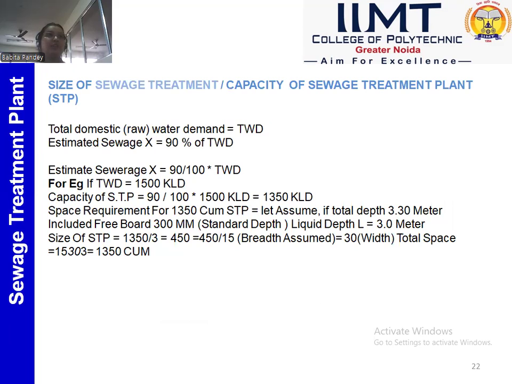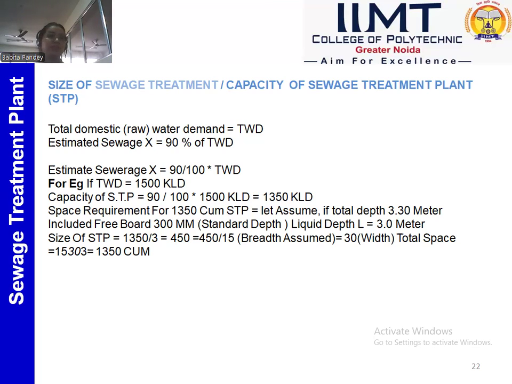At last, these were a brief introduction, I would say, about the sewage treatment plant. But I would like to give you a general formula of how you can calculate the size, or we can say the capacity, of a treatment plant. Suppose you are given a total domestic raw water demand TWG, and the estimated sewage is X. It is always 90% of the total domestic water demand.